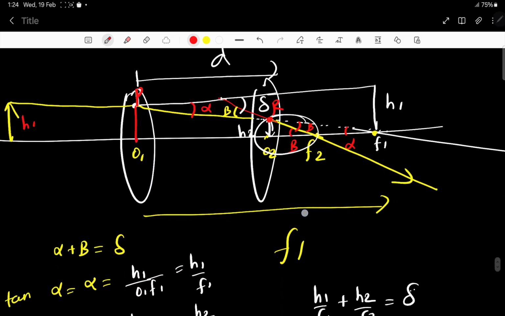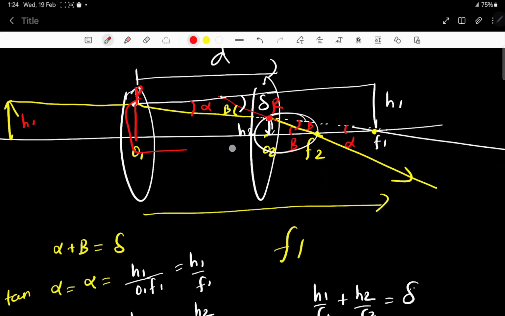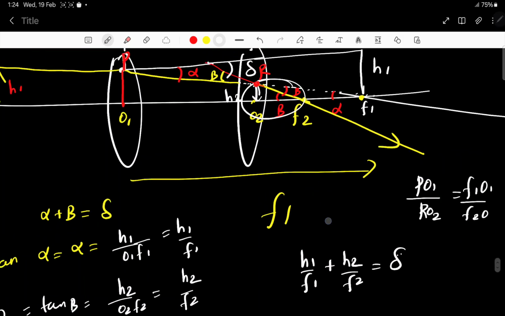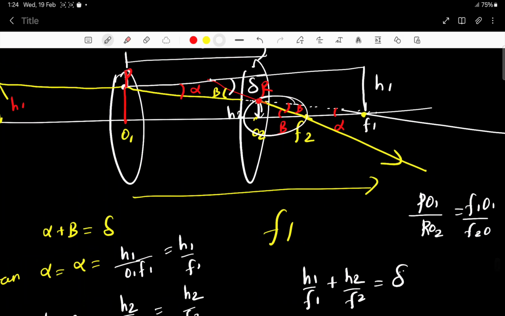I can very clearly write the ratio PO1 by RO2 equal to F1O1 divided by F1O2.